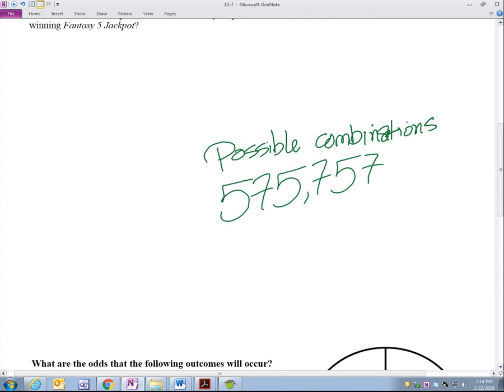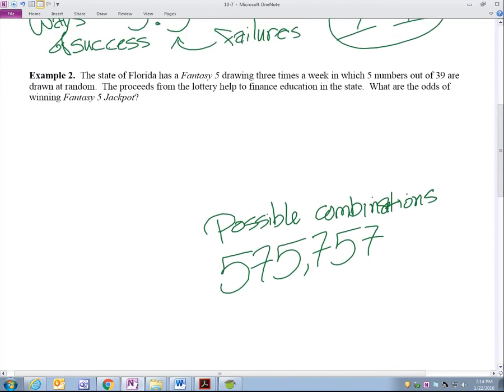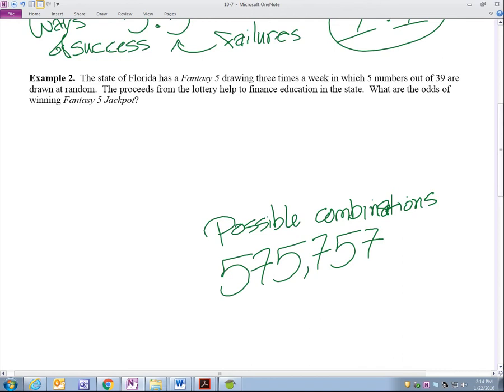Actually, I have a question. Did you multiply 39 5 times to get that number? No, it's actually 39 factorial over 5 factorial times 34 factorial, if I'm not mistaken.